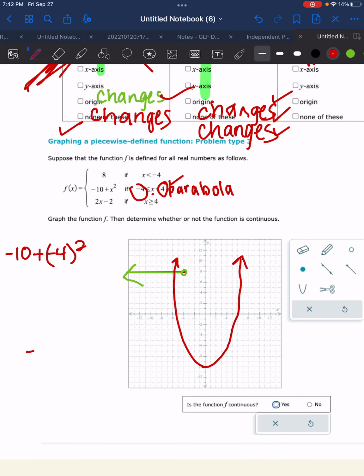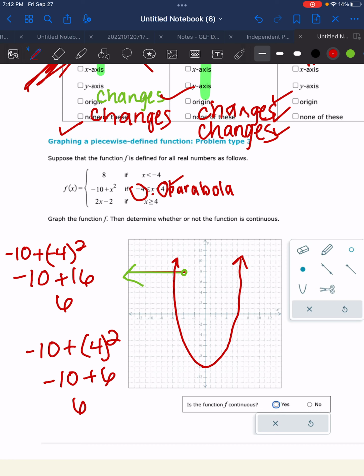So -10 plus, there's x again, 4 squared. So when I solve this, I get 6 here and 6 here. So that ordered pair is -4 and 6 and 4 and 6. So that's where my restrictions are.